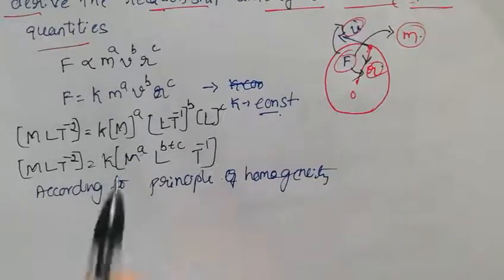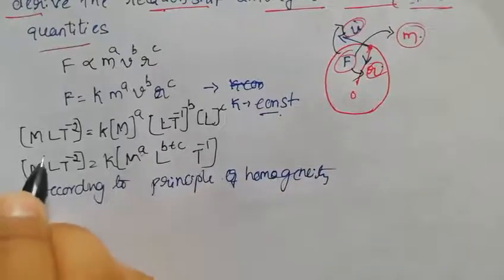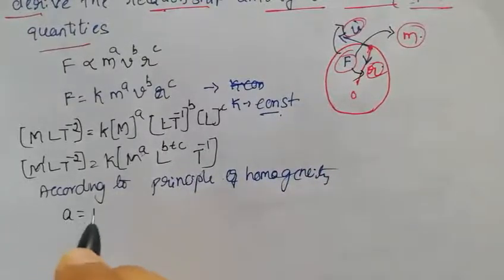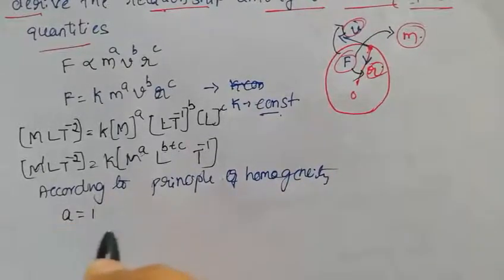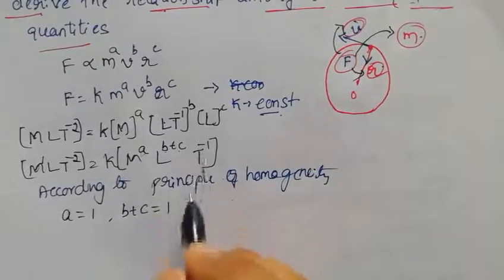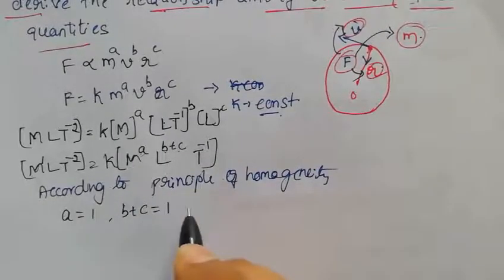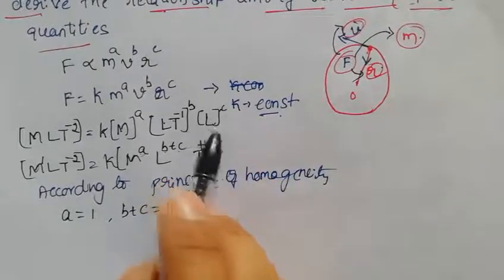So I am going to compare the powers of M and M here. Here M power A is there, here M power 1 is there. I will write A equal to 1. Here L power B plus C is there, L power 1 is there. I will write B plus C equal to 1. And here T power minus B is there, here T power minus 2 is there.